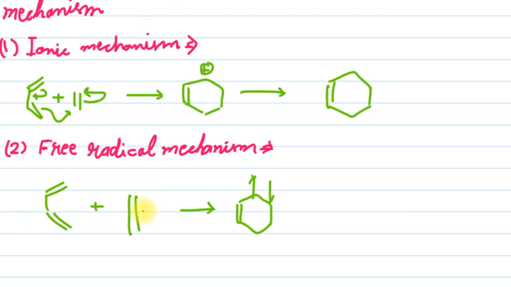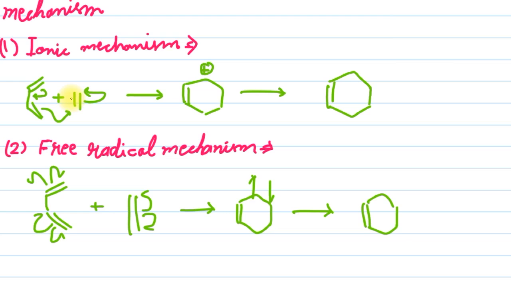The electron moves with a single headed arrow like this, due to one electron moving. This is correct. And in the last, the cyclohexene compound is the product of the free radical mechanism, the second type of mechanism proposed by Bradley.